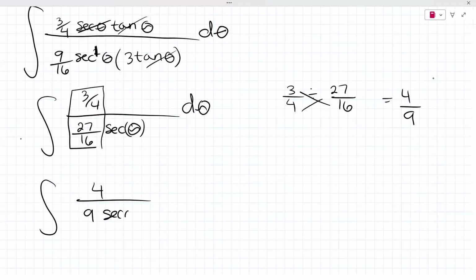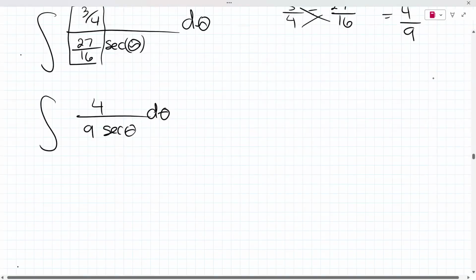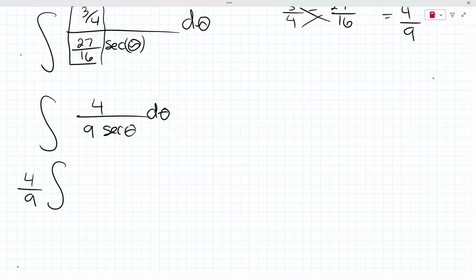And then we have secant theta, d theta. Okay. Let's simplify the constant. 4/9 is a constant. You could put that outside. And then you're left with 1 over secant theta, d theta.